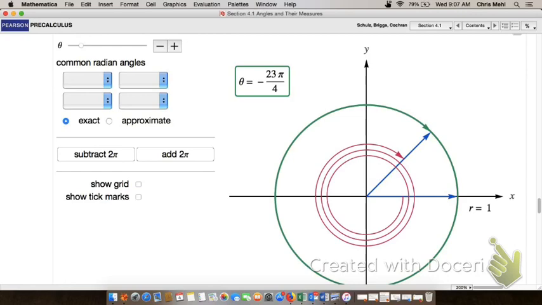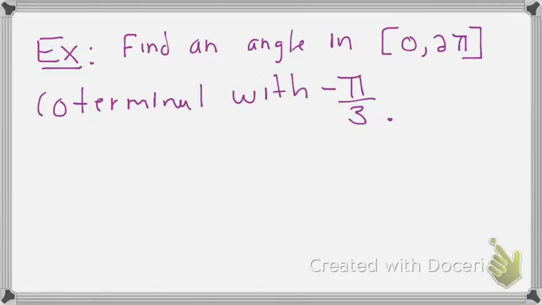So let's do an example here. Say I want to find an angle in the interval from 0 to 2 pi coterminal with the angle negative pi over 3 radians, which corresponds to a clockwise rotation. You will notice that the interval 0 to 2 pi consists of only positive angles between either no rotation or a full rotation.